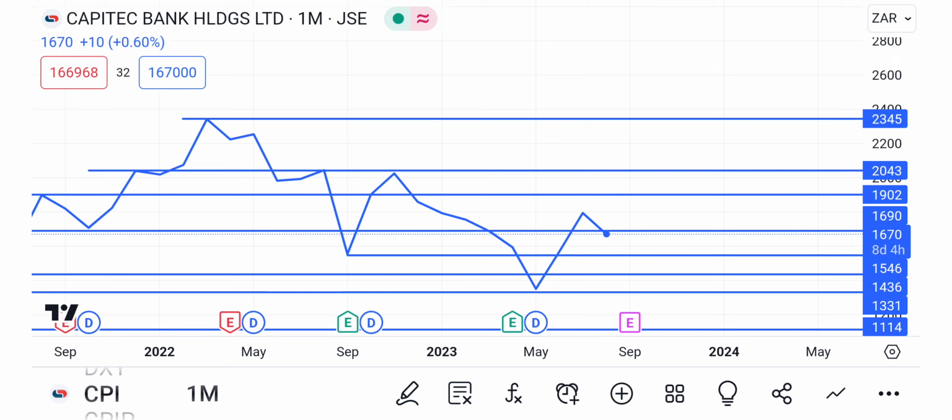But for some people who are investing for a long term, maybe after 10 years, this 2,345 is going to be sitting at around 3,500 rand or 4,500 rand. Who knows? I don't know. Only God knows. So is it better to invest for a long period of time, or to invest for a short period of time?